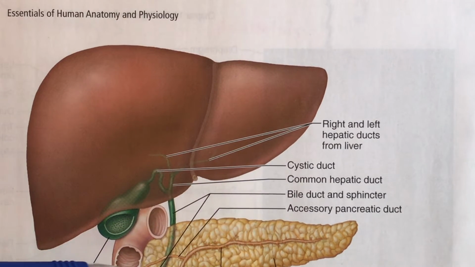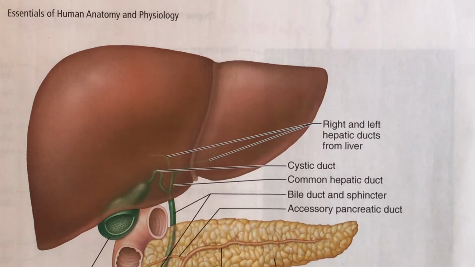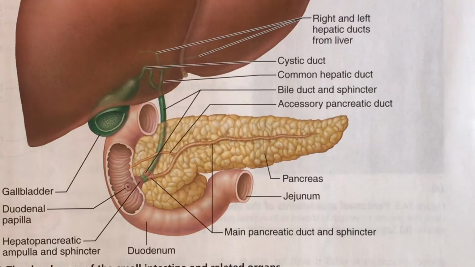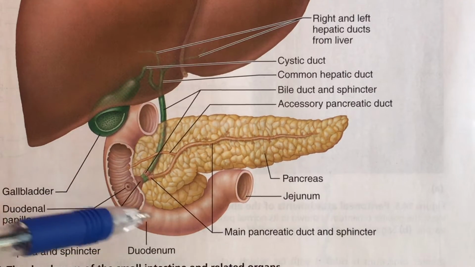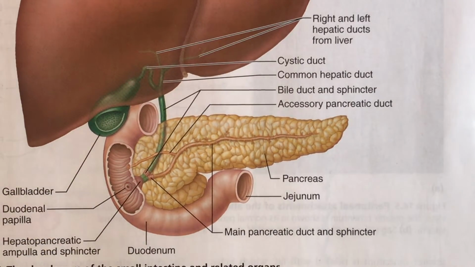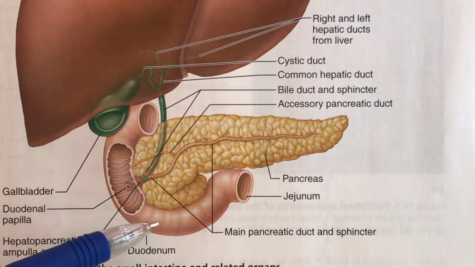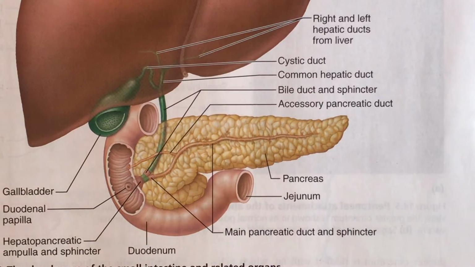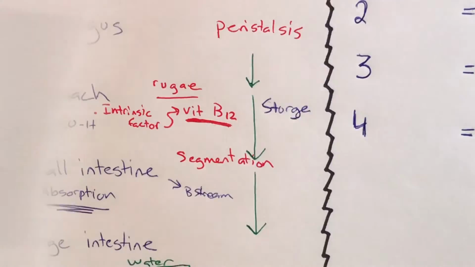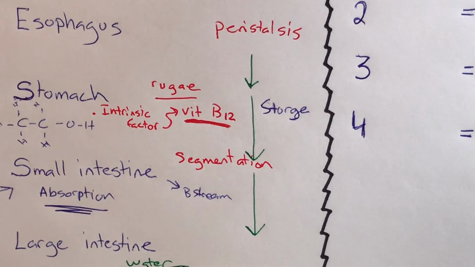And here's our pancreas, which secretes a huge number of digestive enzymes also into the first part of the small intestine, called the duodenum, allowing the small intestine then to take up those digestive enzymes, break down that chyme, all that food, and finally the small intestine will absorb it.